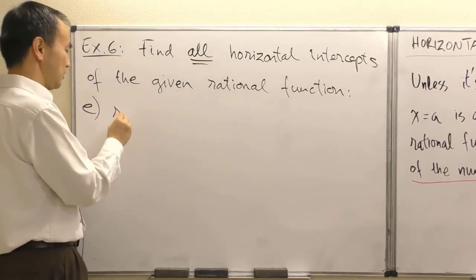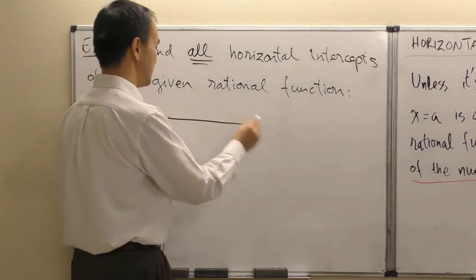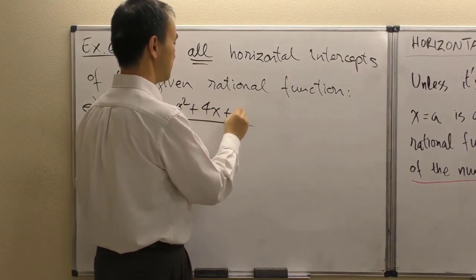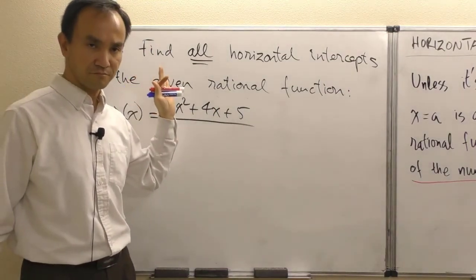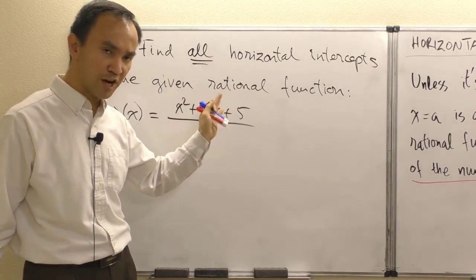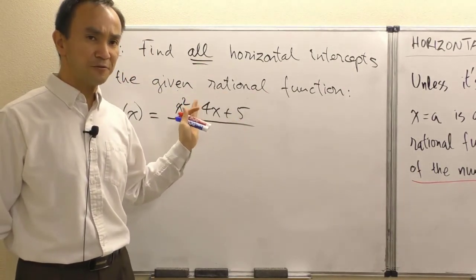So r of x, a rational function. Let's say I'm going to look at x squared plus 4x plus 5. Okay, it's a quadratic in general form. It's a polynomial in the numerator, but in general form. I didn't write that in factor form this time.